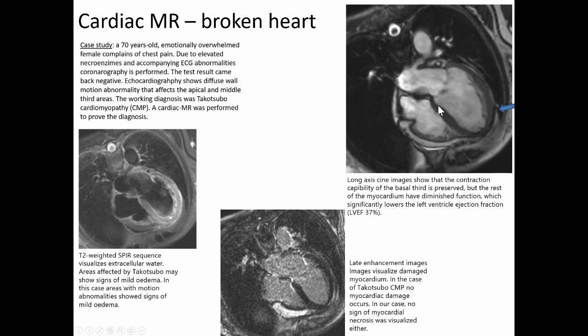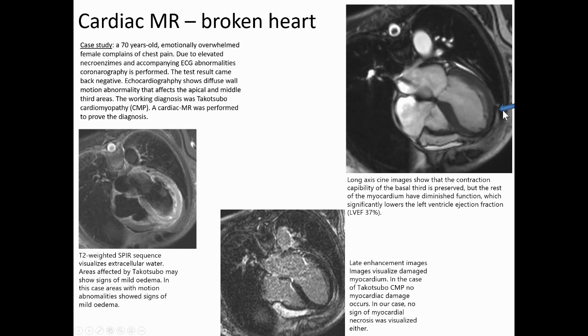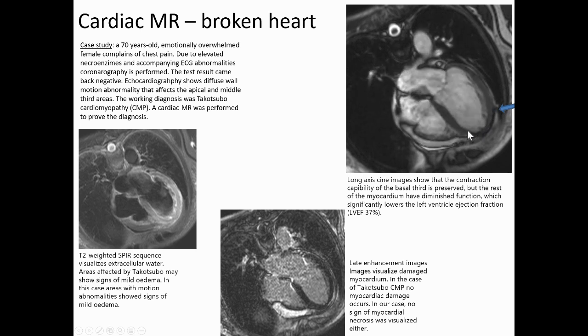So again, looking at the cine image, the blue arrow is pointing to the fact that the middle and the apical third of the heart looks kind of lazy, like it's not contracting properly.